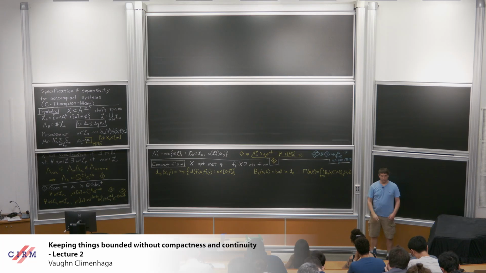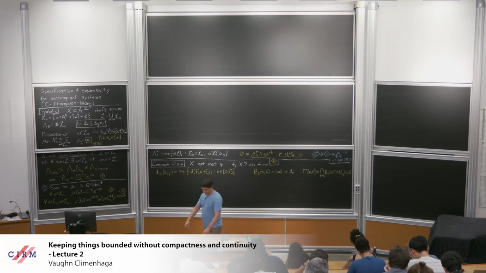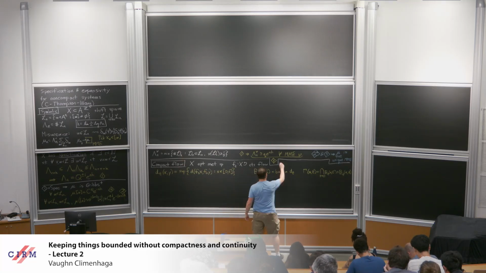So it is the set of points whose orbit shadows for an infinitely long time, both forwards and backwards.